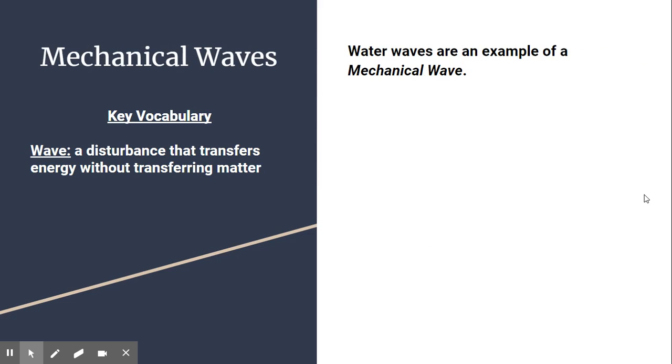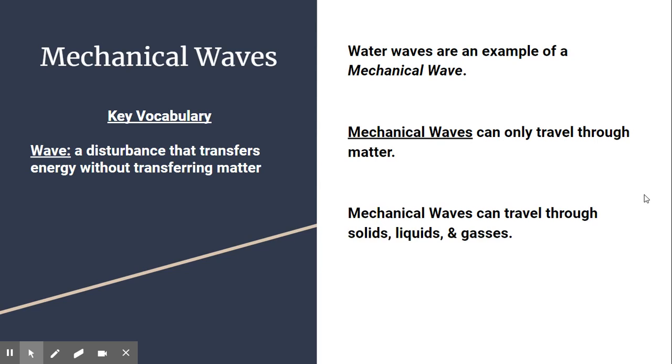Water, whether that's the ocean, the lake, the wave pool, they're all examples of mechanical waves. And that's because they travel through matter. Remember, matter is anything that has mass and takes up space. This could be things including solids, liquids, gases, things like the air, water, things like the ground.